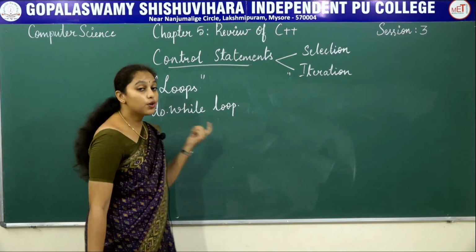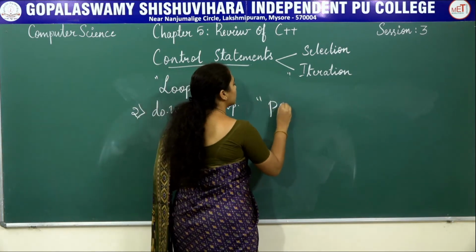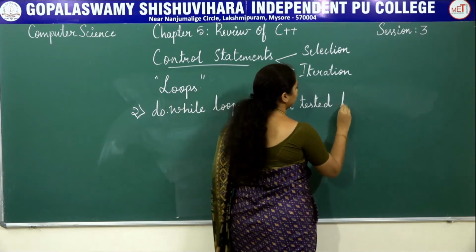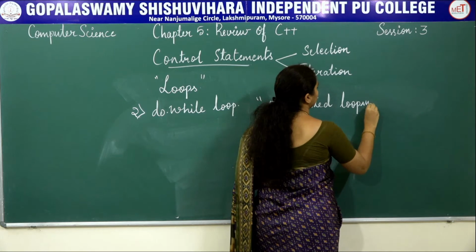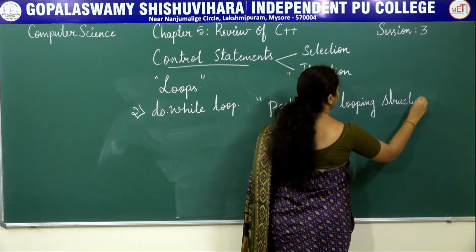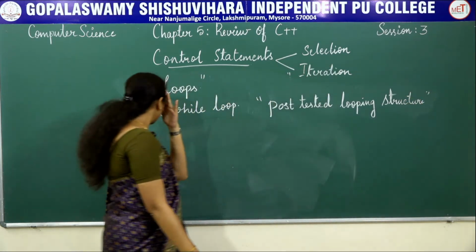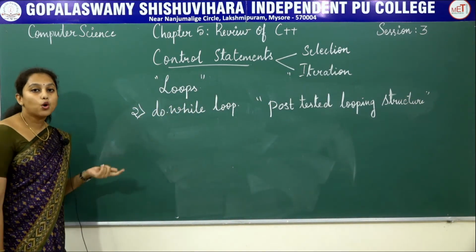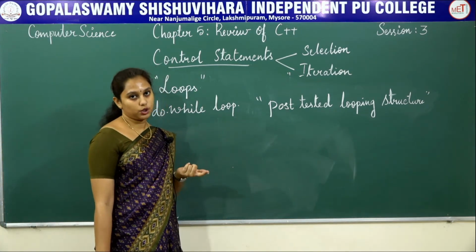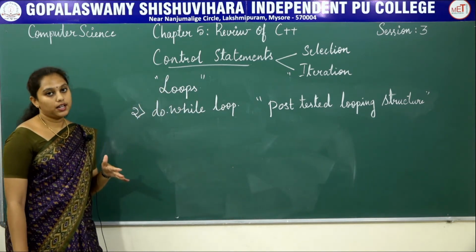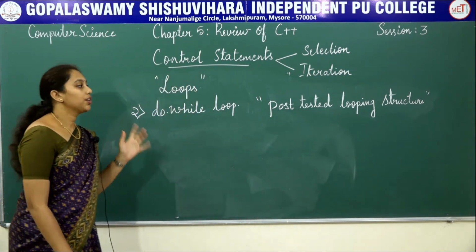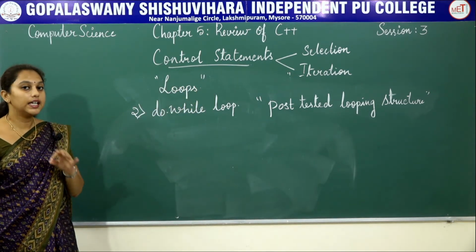Do while loop is also called as post-tested looping structure. Why it is called as post-tested looping structure means, after executing the set of statements, it is going to check the condition. So here it will execute the statements at least once.